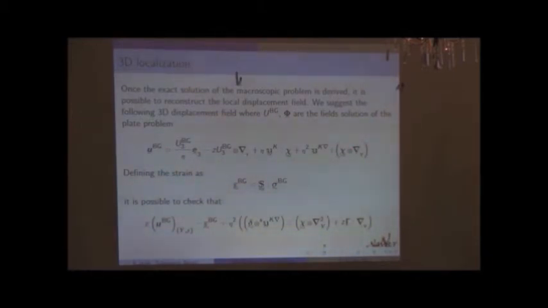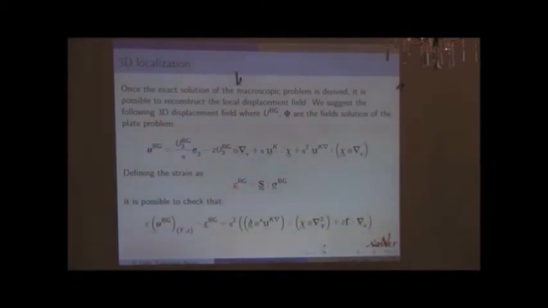Okay? So I can say, let's define this approximation of the actual 3D solution. And I just plug the deflection and the gradient of the deflection of the bending gradient theory, and for the higher orders I use the curvature of the bending gradient theory and its gradient. And if I do that, I can compare the strain related to this displacement localization to the strain related to the bending gradient stress.